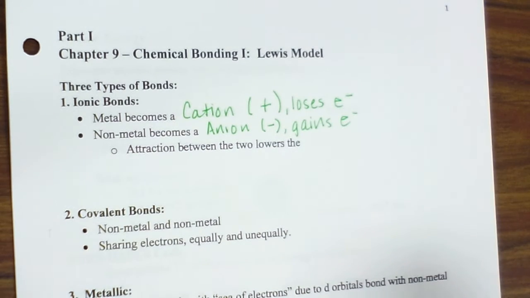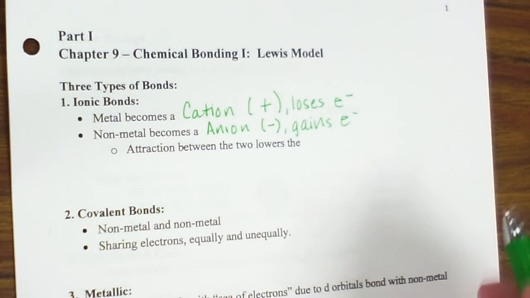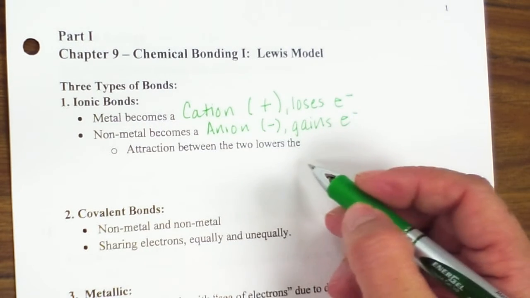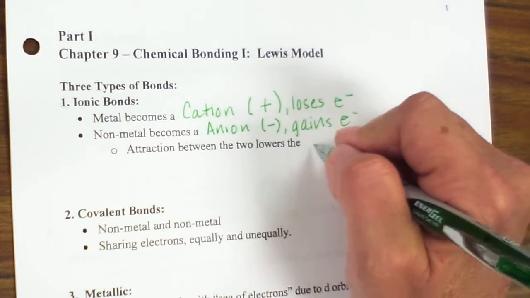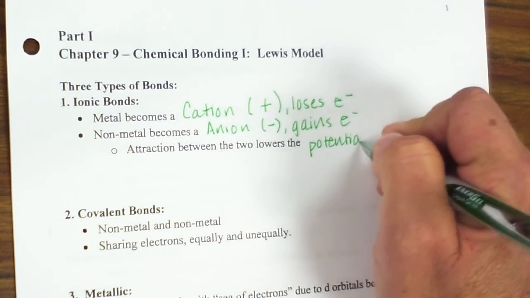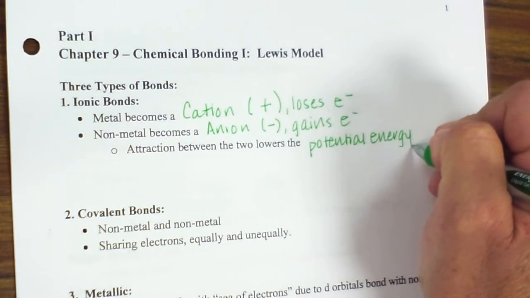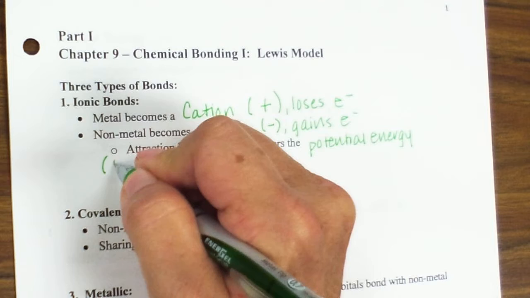Like we've talked about this a million times, right? It is the attraction between the two. The attraction between the two lowers the potential energy. And this is Coulomb's law.